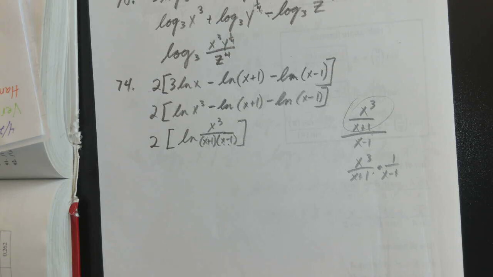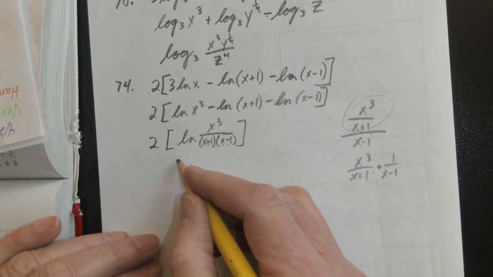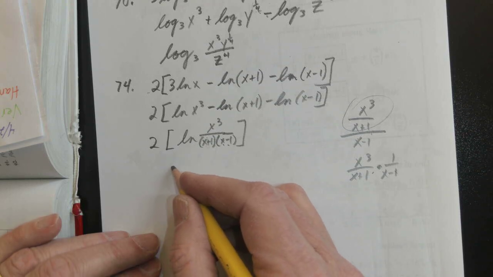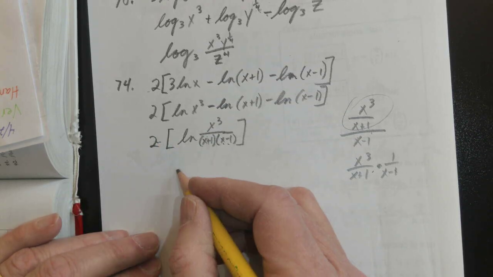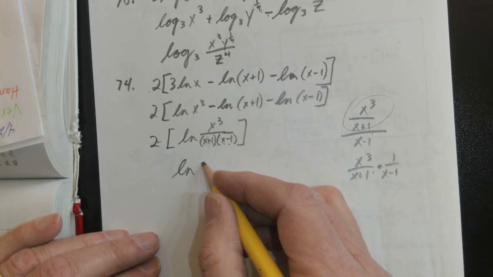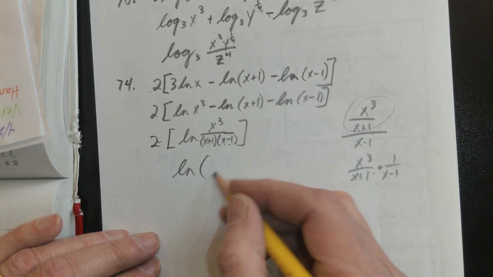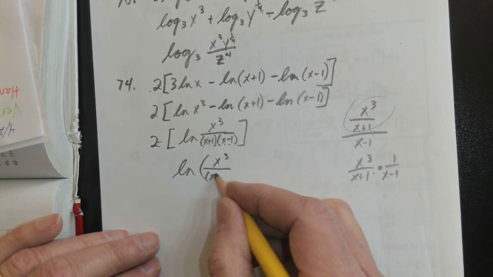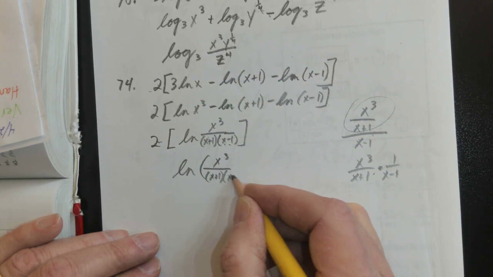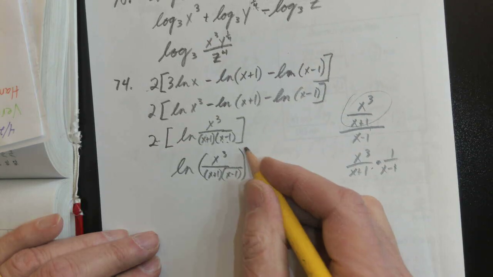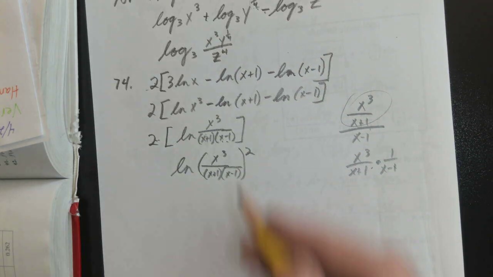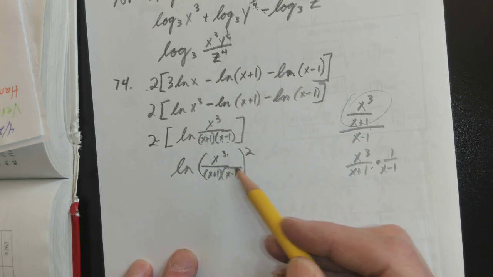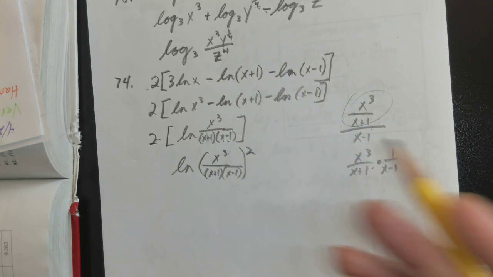All right. And then this 2. It's 2 times. So I'm going to take x cubed over x plus 1 times x minus 1 and square that. Now you could distribute the square if you want, make this to the 6th power, make that to the 2nd, and make that to the 2nd if you want.